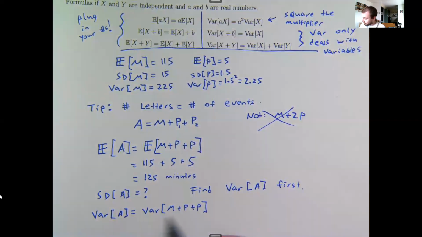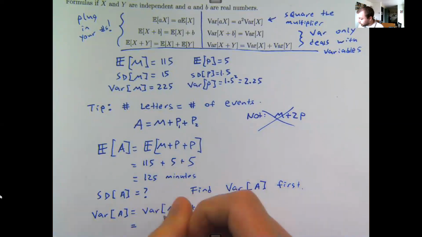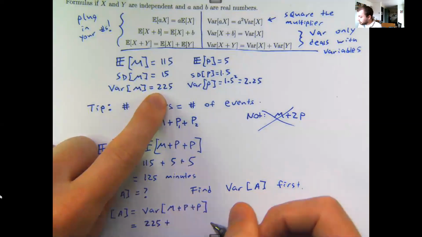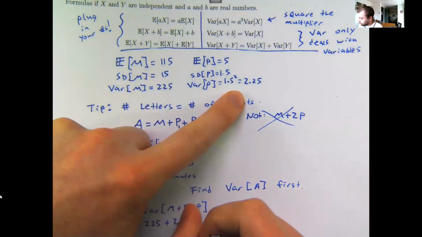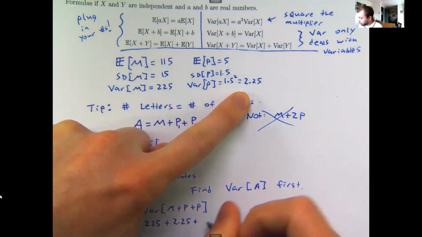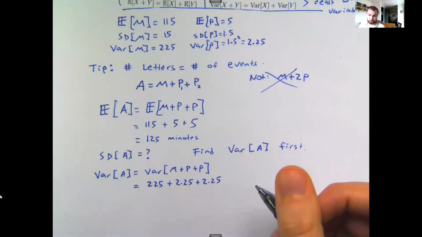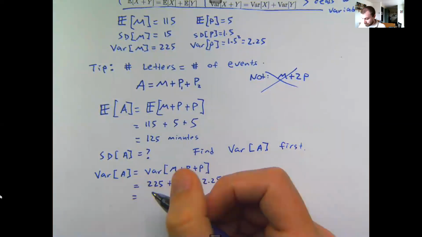So in this case, the length of the movie, the length of the first preview, the length of the second preview, these are all things that can change. So I'm going to take the spread for the movie, that's 225, plus the spread for the first preview, 225, plus the spread for the second preview, 225. I'm going to add these things together.